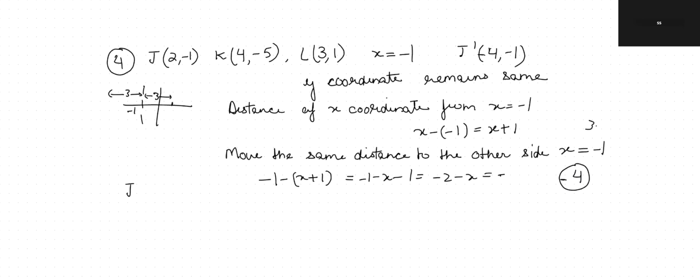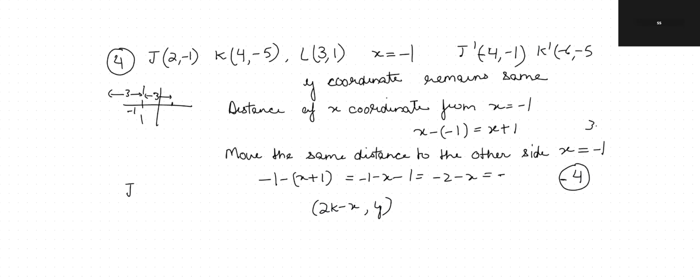Same way, we can generalize the formula also. In this case, it will be (2k minus x, y). So if we use this formula, then k dash, with k here being negative 1, is negative 2 minus negative 4. So it is (negative 6, negative 5).